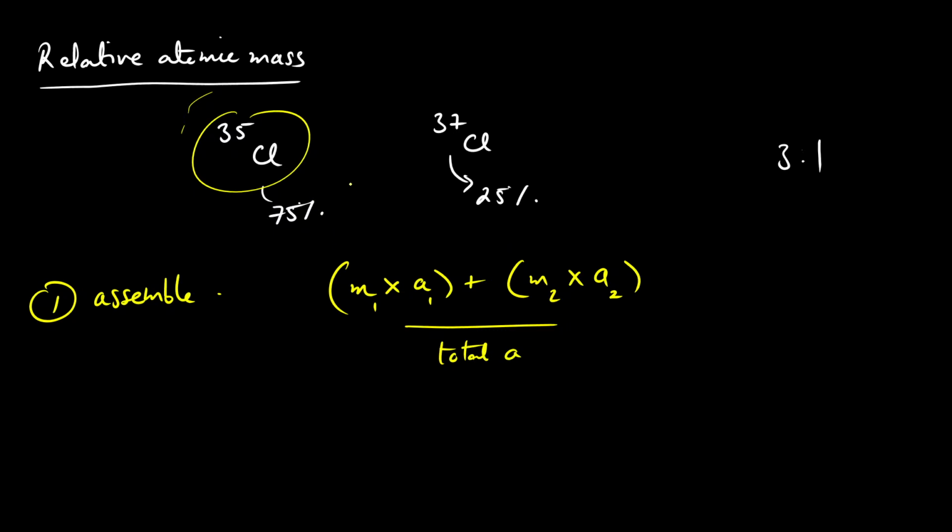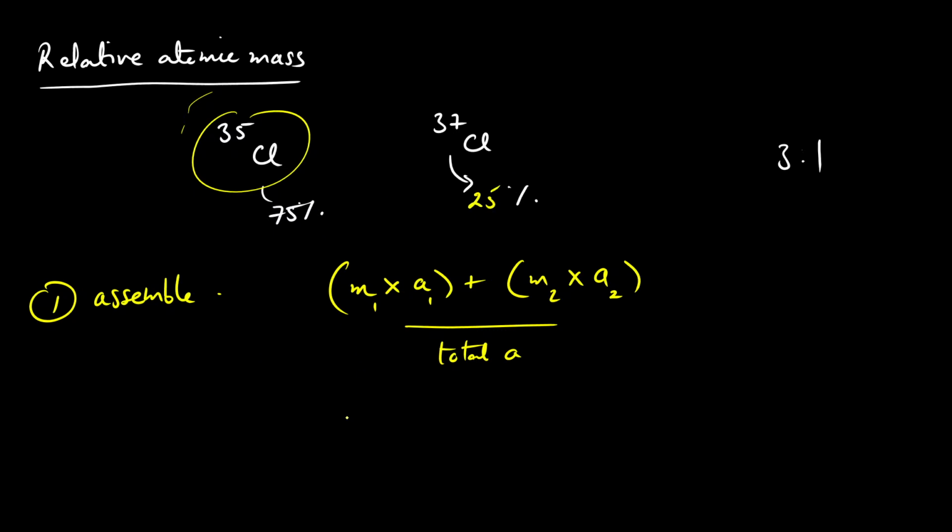Sometimes they don't give the other percentage, so just ensure you have the total percentage. If this happens to be 10, the denominator would be 85. I've seen that in maybe an A-level question.